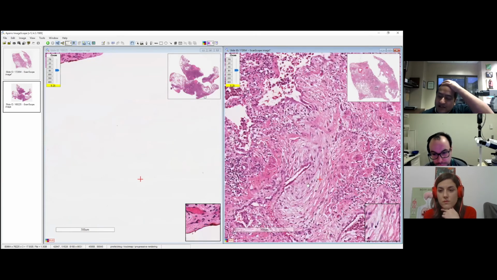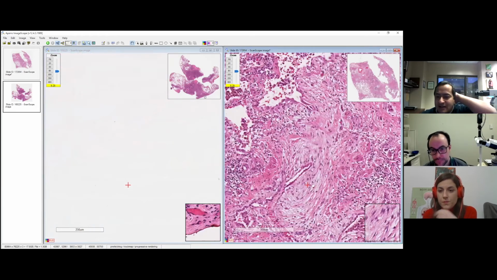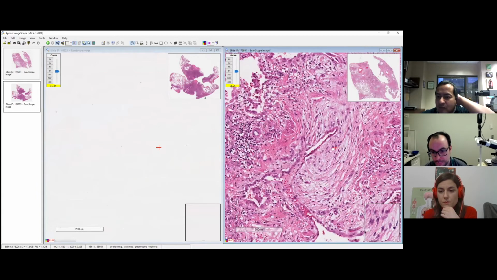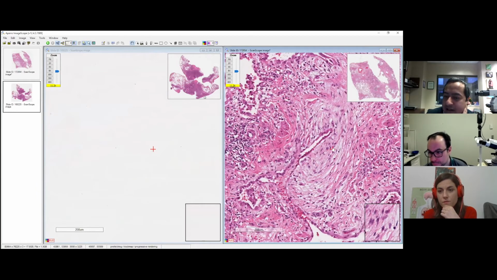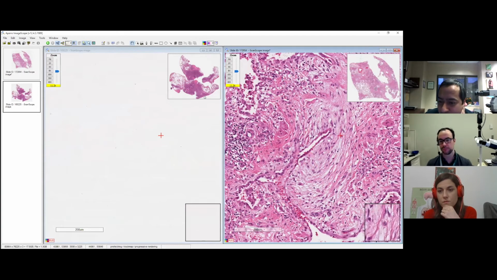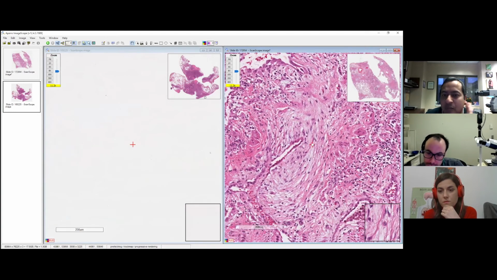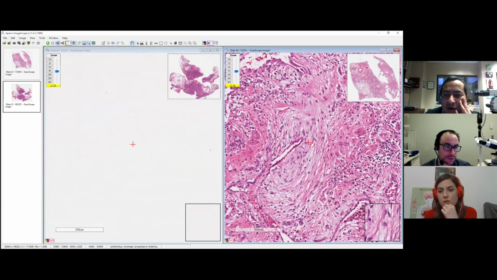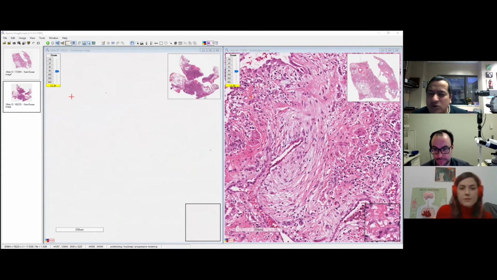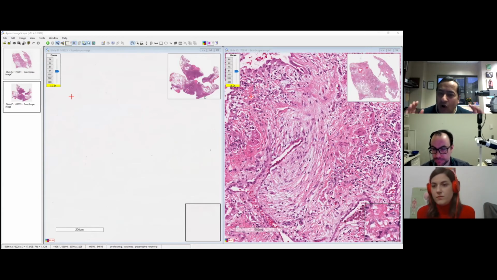Another useful thing: when you look at a fibroblast focus, like on the right hand side, it is made mostly of fibroblasts, not of inflammatory cells. So let me go back to the draw tool. It's less inflamed, in fact almost no inflammation. It's all fibroblasts in a kind of myxoid background.